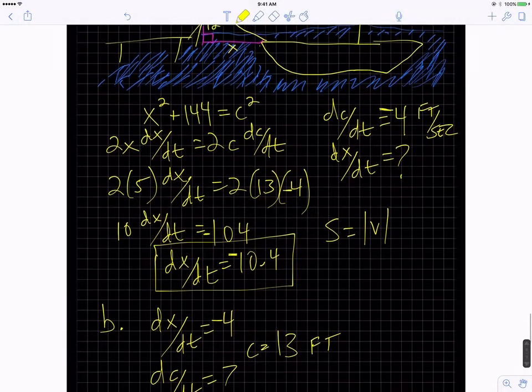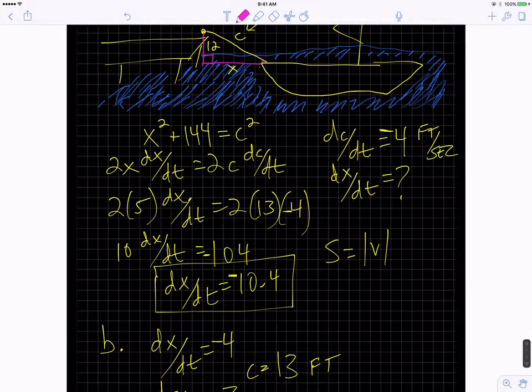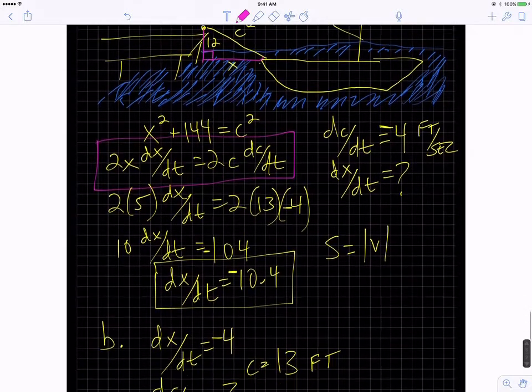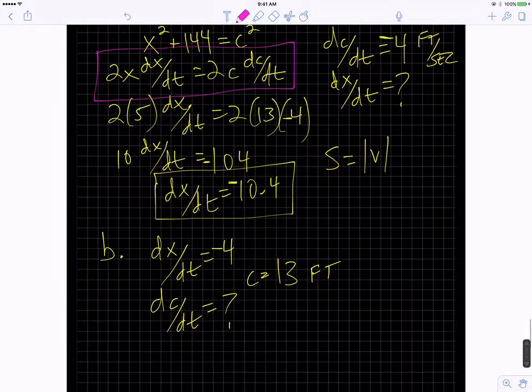So it's the same equation up here. When c is 13, well, we know again that x will be 5. So you're plugging in the same stuff. It's just now the dx dt and the dc dt are switched. I know the dx dt.